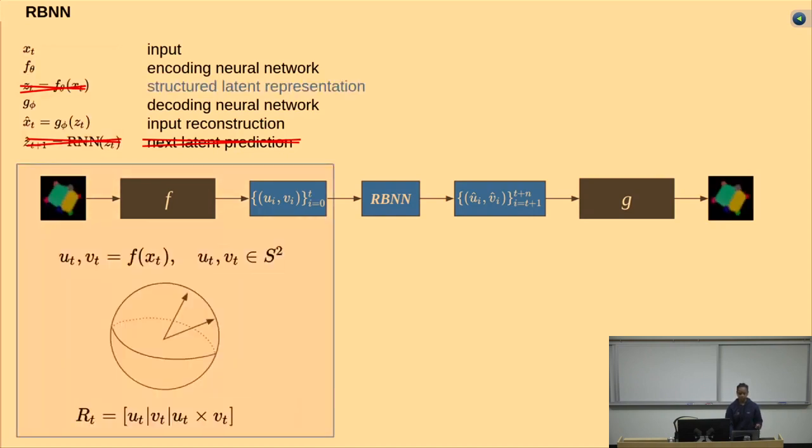First, that latent representation is structured. We know the configuration space for this problem is the 3D rotation group, SO(3). You see our freely rotating rigid body.